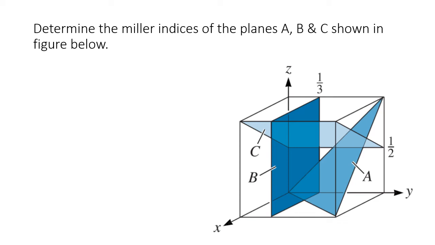For plane B, the intersection with y-axis is at 1/3 of the lattice parameter from the origin, or actually from the xz plane.